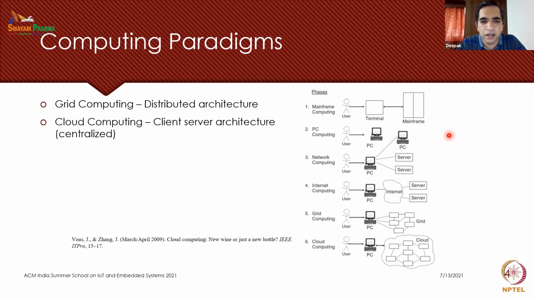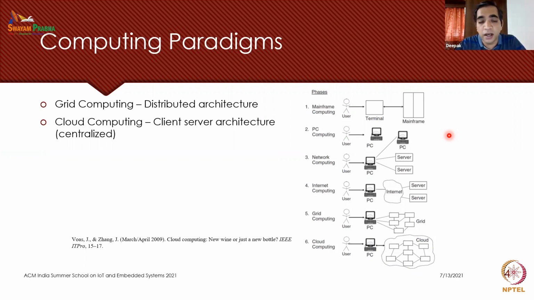Then came cloud computing, and it's a client server architecture. It's a centralized architecture, right? So you have a large pool of resources that is located in a particular place, and you as a user, using any of these machines like a PC or mobile device, could access a set of resources from this cloud.